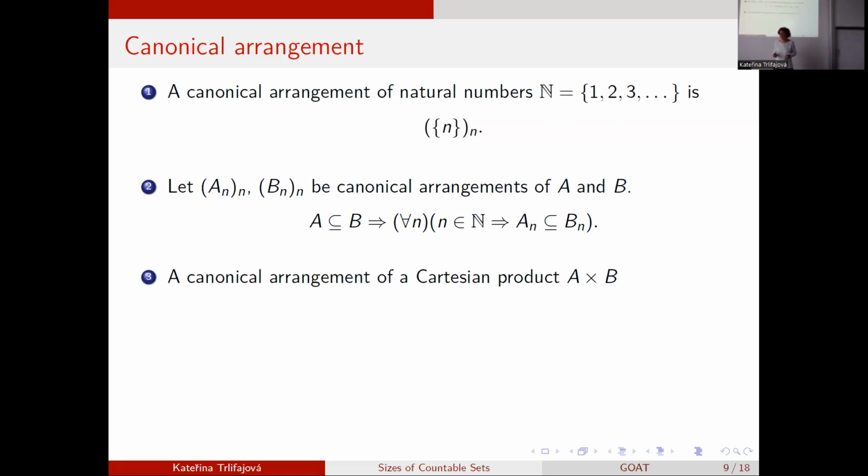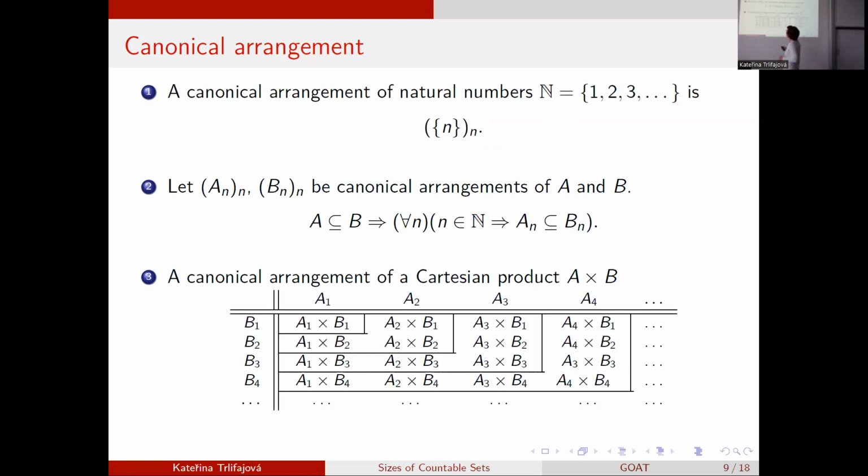And moreover, a canonical arrangement of a Cartesian product. How to arrange a Cartesian product? We use an old trick, but with a new meaning.